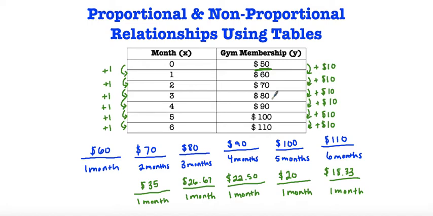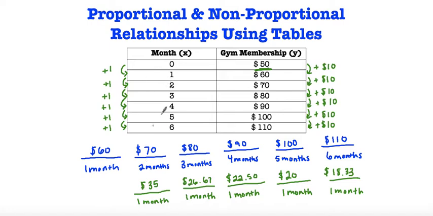So this is not a proportional relationship because for the first month you pay $60. The second month, if you divide the cost of $70 among the 2 months, it ends up being $35 per month. For the 3 months, if you divide the $80 by the 3 months, you end up with $26.67 per month.